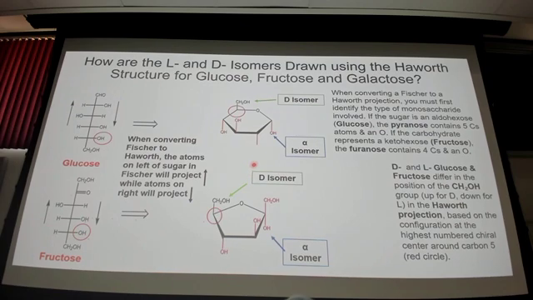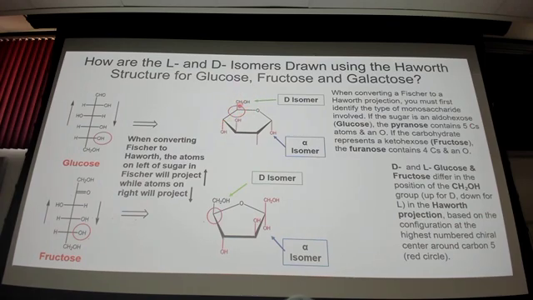In other words, if you wanted to identify the D isomer, we know what the alpha and beta isomers look like in the Haworth structure, because that's what we talked about. But to identify the D and L isomer, this ends up being the 5th carbon, this carbon here, and you would look at how this group sits.